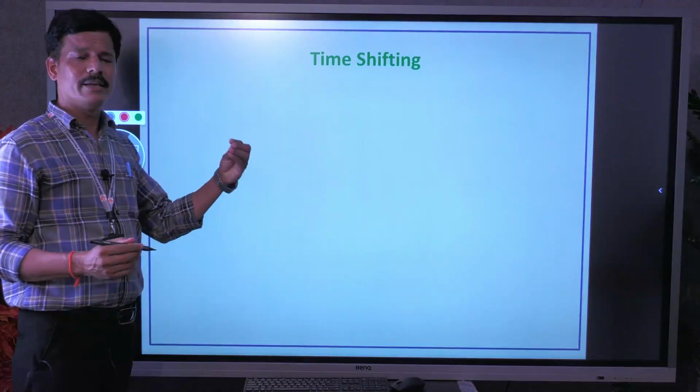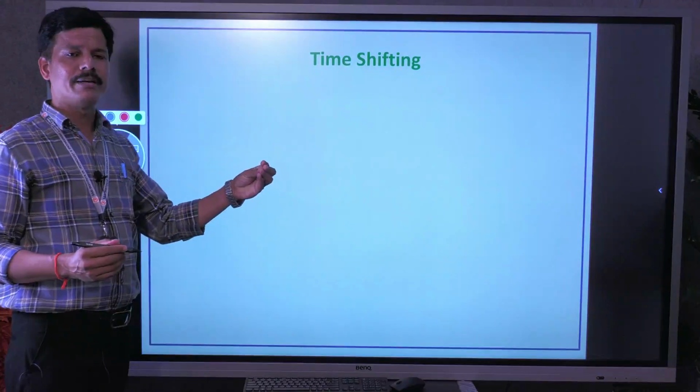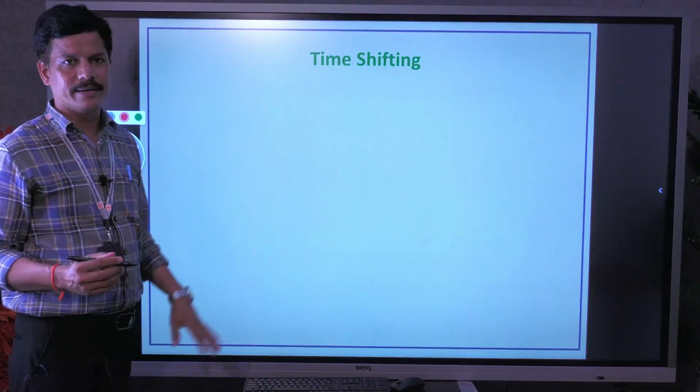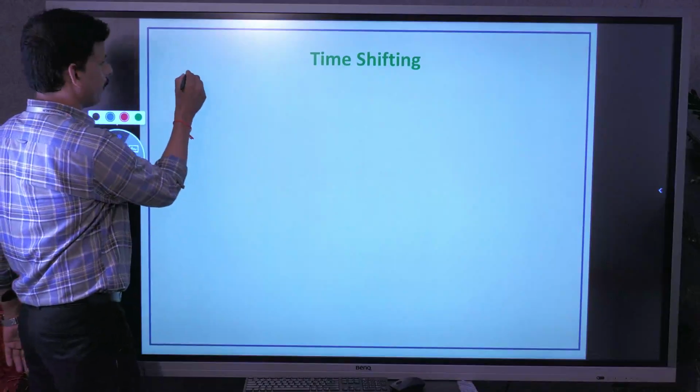Every operation can be defined for both continuous time and discrete time. So first let us start with continuous time.